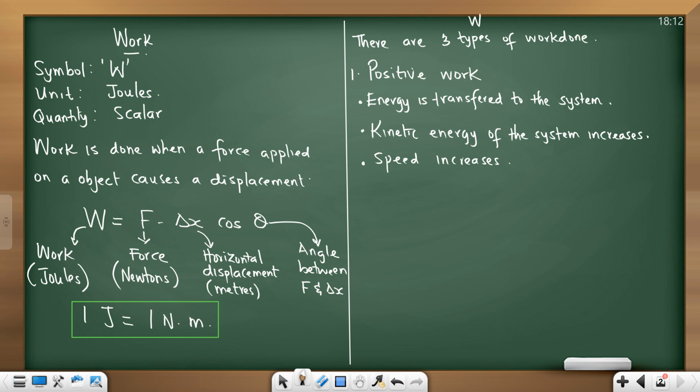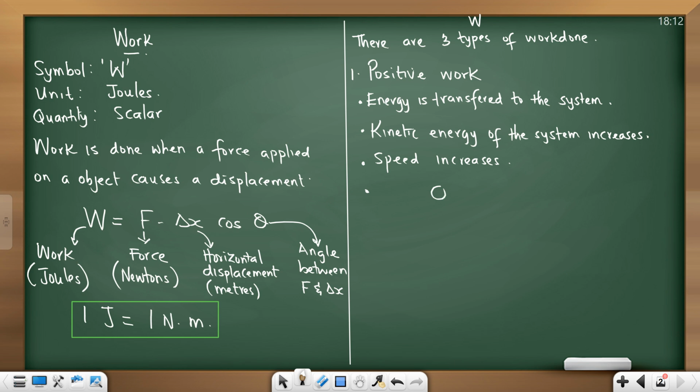I just put one rubbish option, and ask which one is not an impact of positive work. For positive work, energy is transferred to the system. If I push you now, your speed will increase, so I am transferring energy to you. That's positive work. Kinetic energy increases, speed will increase.